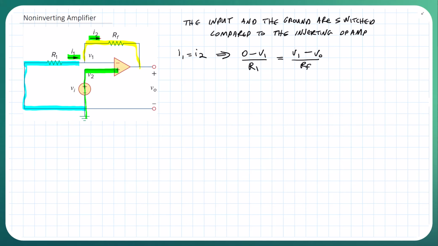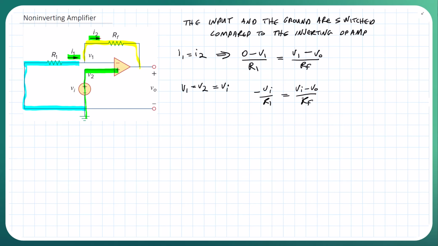But right now we know, again, for an ideal op amp, V1 equals V2, and in this case that's also equal to the input. So we can substitute this knowledge into this equation here, and we get minus V input over R1 equals V input minus V output over RF.